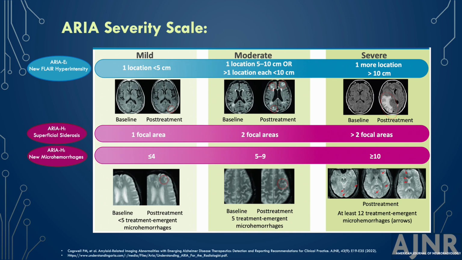If there are more than one site of involvement less than 10 cm, it is considered moderate. Severe category is when you have FLAIR signal abnormalities spanning more than 10 cm in extent. For ARIA H, new microbleed foci less than 5 is considered mild, between 5 to 9 foci of microbleeds considered moderate, and 10 or more than 10 foci are considered severe ARIA H.